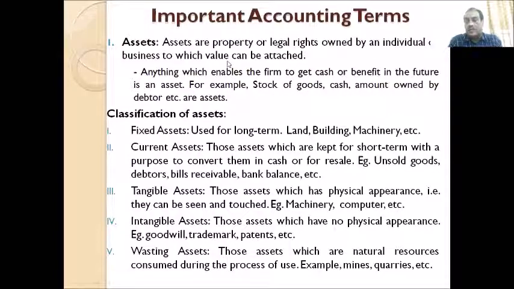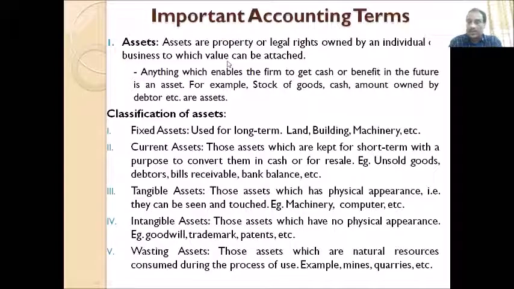Then tangible assets, those assets which have physical appearance. That is, they can be seen and touched, like machinery, computers, etc. So these are tangible assets. Then there are intangible assets, those assets which have no physical appearance, like goodwill, trademark, patents. All these have values, and therefore these are assets, but intangible in nature.